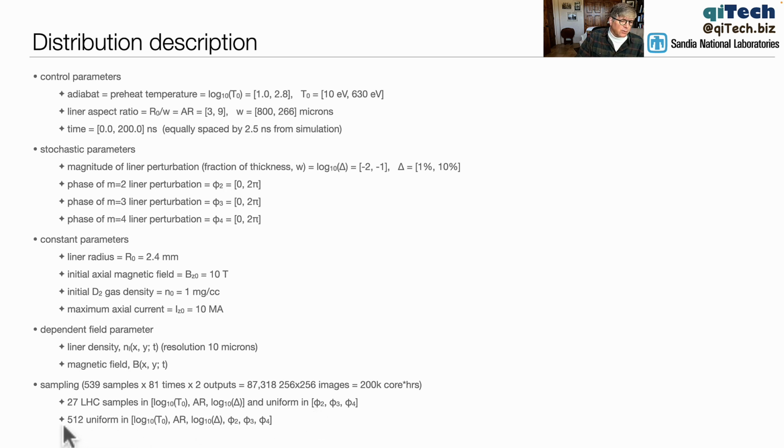In addition, there were 512 uniform samples in terms of all the parameters that were sampled over.